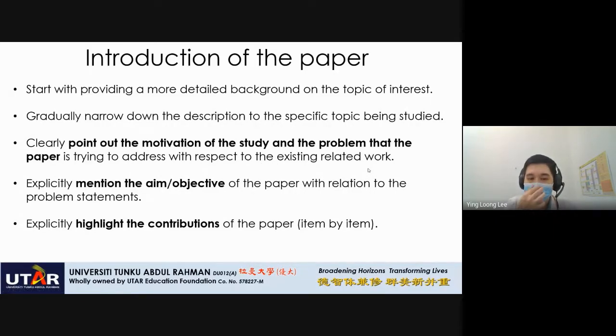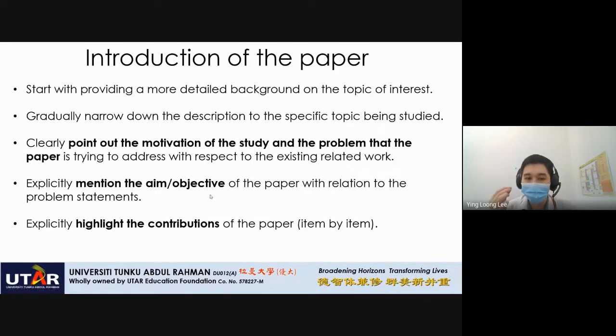Right, so you should point out this motivation and the problem with respect to the existing work. Okay, you cannot simply point out the problem without a review of existing work, because it just becomes a claim without a proof, right? So the literature review is actually the proof that the problem you're trying to study is valid, is important. Okay. So after you point out the motivation and the problem, then you can mention the aim or objective of the paper.